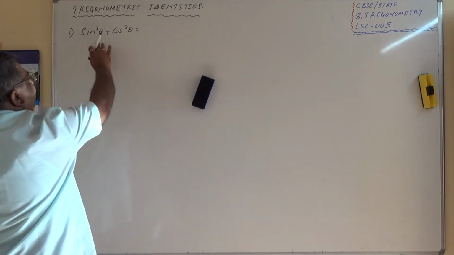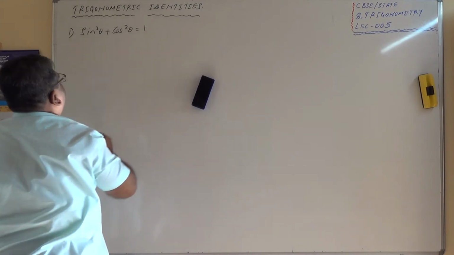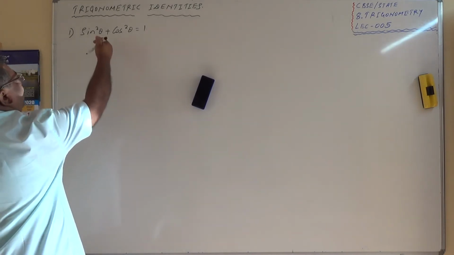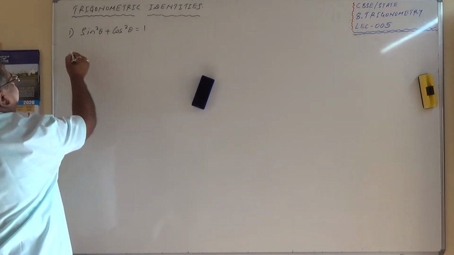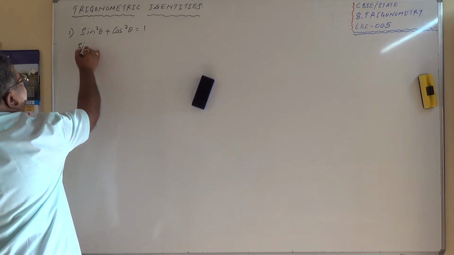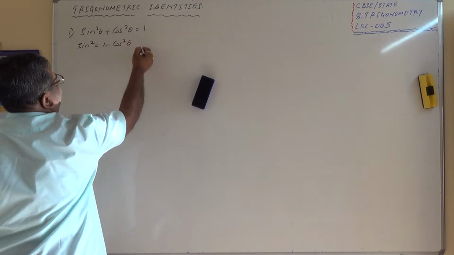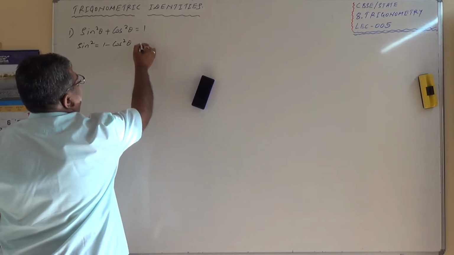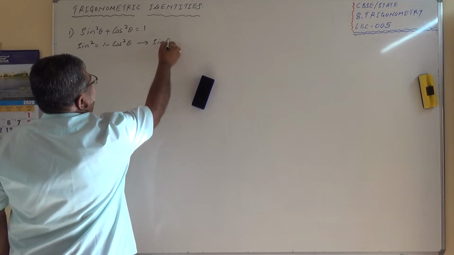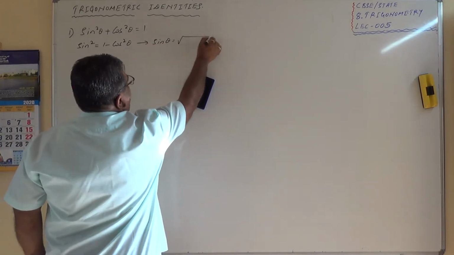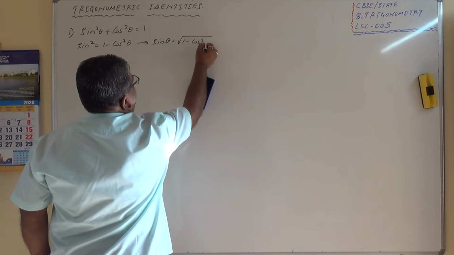First identity: sin square theta plus cos square theta equals 1. From this, another two identities can be derived. That is, sin square theta equals 1 minus cos square theta. Also one more identity related to this one: sin theta equals under root of 1 minus cos square theta.